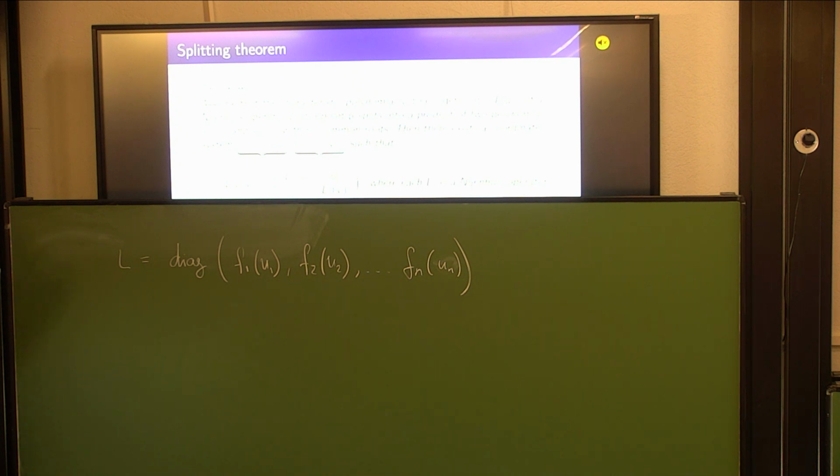You may think of it as an analog of the Darboux theorem for Poisson structures. If your Poisson structure is very simple, with no singular points, then you know that it's dp dq plus some kernel.